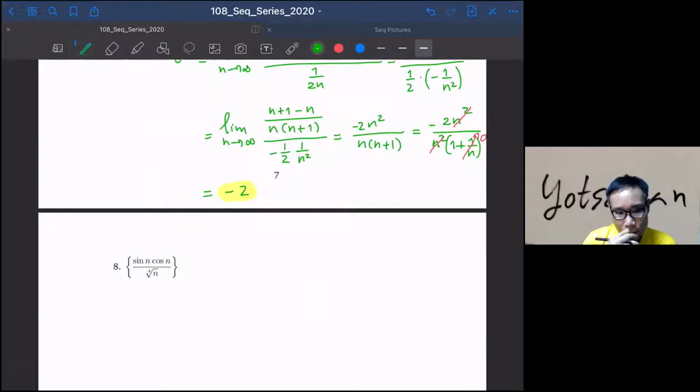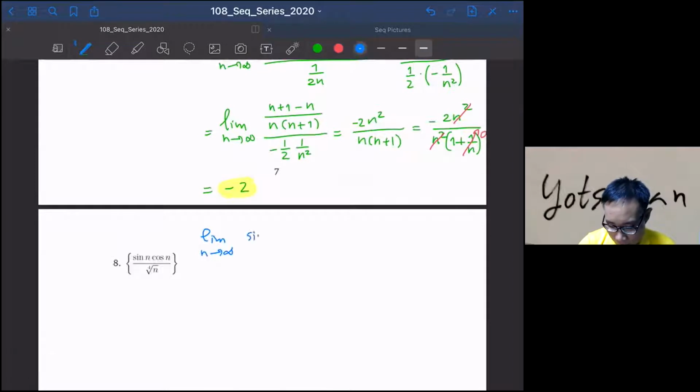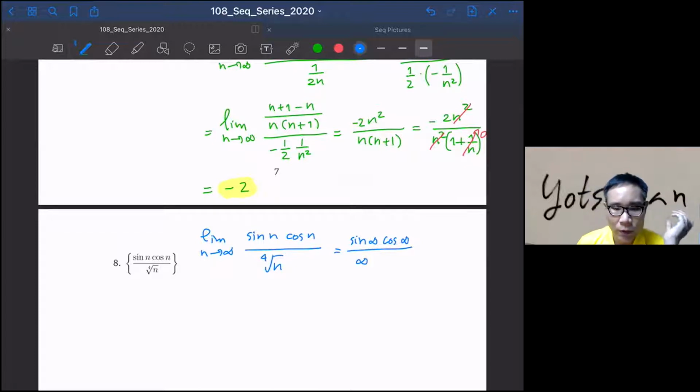So for this one, when you take the limit as n goes to infinity of sine n cosine n over the fourth root of n, you see that the bottom turns out to be infinity and the top turns out to be sine infinity, cosine infinity. And this guy, we don't know the value. We don't know the value of sine infinity, cosine infinity.